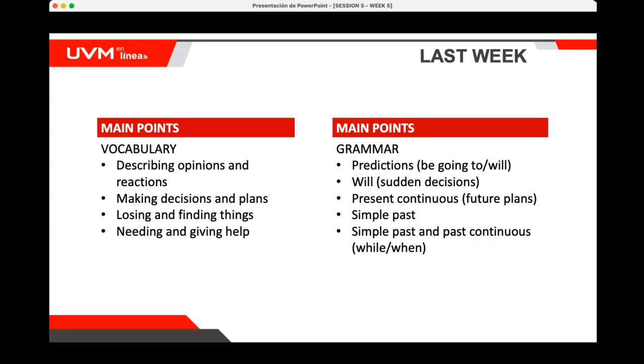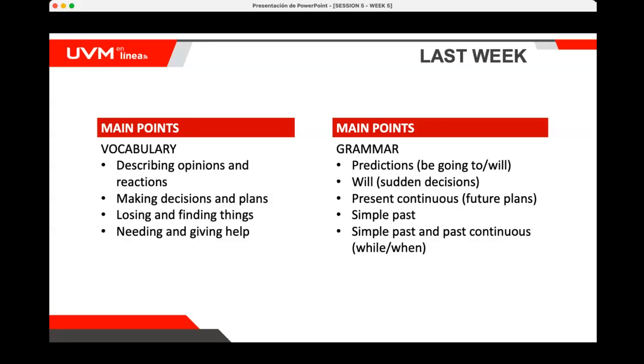But in English, as in Spanish, we have other ways to say those things. For example, in this case, predictions. We can say stronger predictions and weaker predictions, and so on.